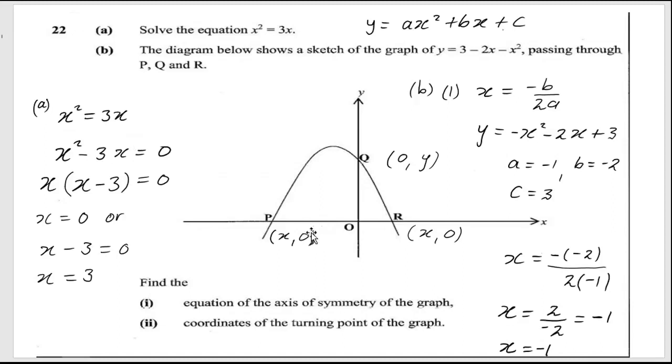So the other way you can find the equation of the line of symmetry is by using this formula. x is equal to x1 plus x2 over 2, where x1 and x2 are the coordinates, where x1 is this one and x2 is this one, the coordinates of P and R, meaning the points that are on the x-axis.